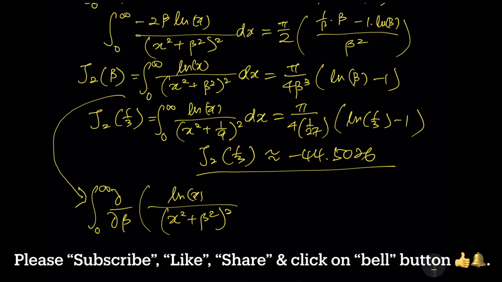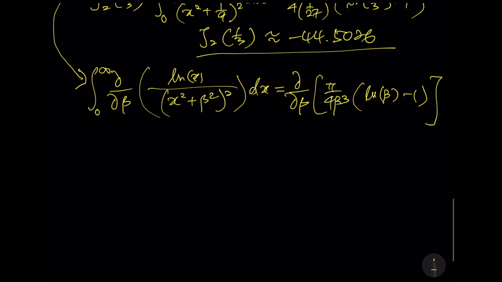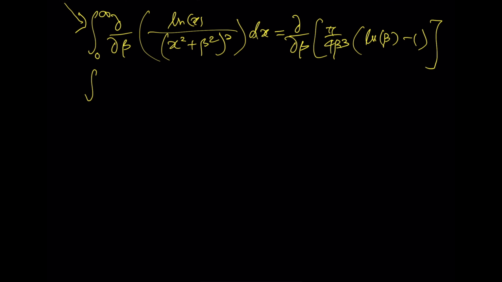How do we extend? We can extend it by applying differentiation with respect to beta to both sides of the equation. After differentiating, the left hand side becomes the integral 0 to infinity of negative 4 beta natural log x divided by x power 2 plus beta power 2, and then the whole thing to the power 3, dx.